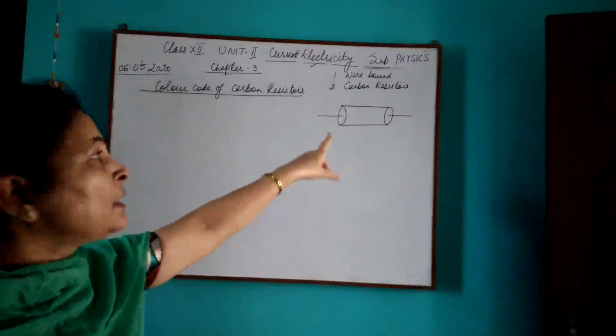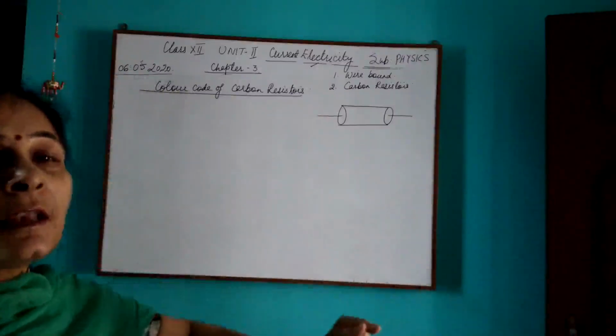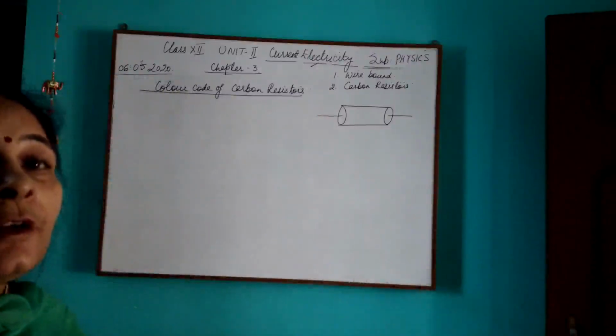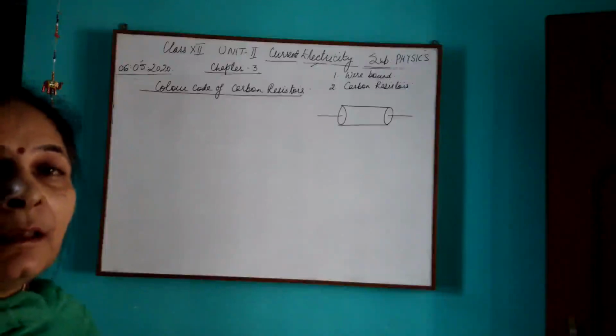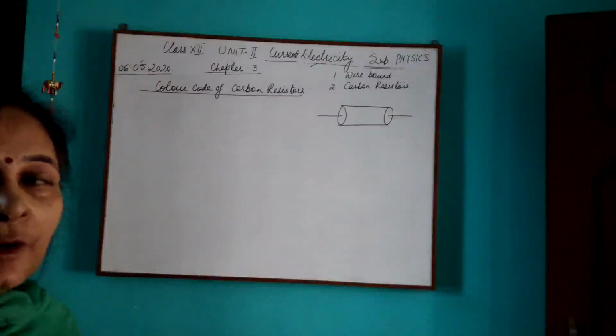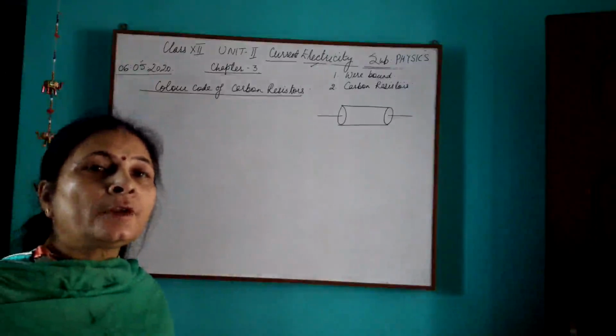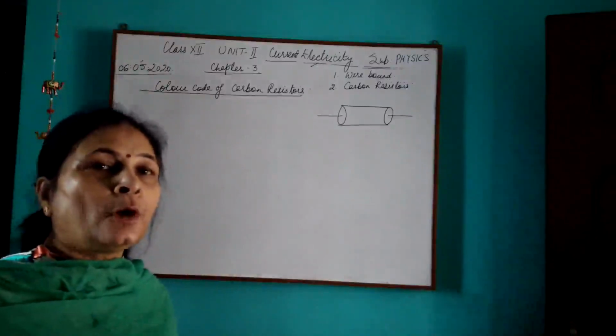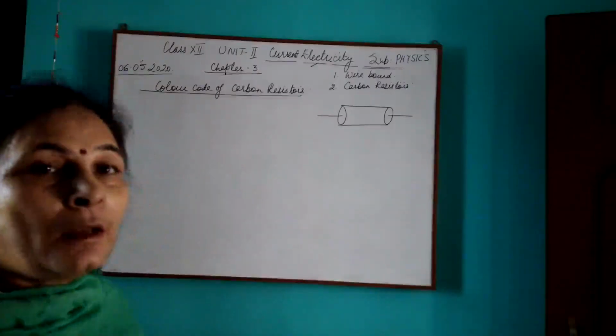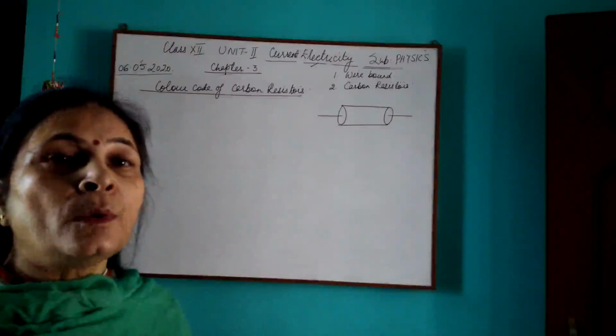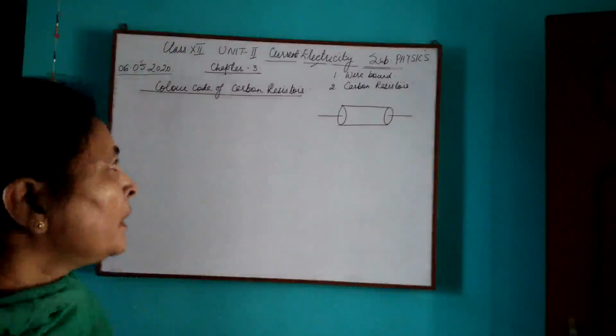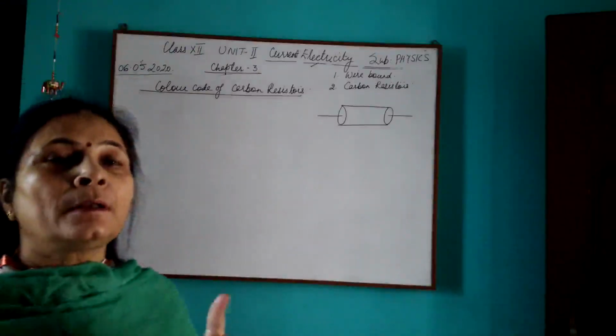Now the value is given on the resistor itself, but in the form of colorful rings. And from those colorful rings, we can determine the value of the resistor. Now, how many rings are there and how are the colors used? For that, you will have to remember a table.